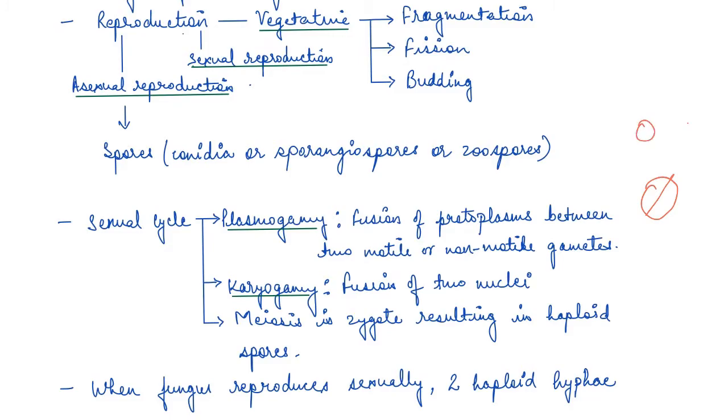So two non-motile gametes form a zygote, and then this zygote develops through meiosis and produces haploid spores.